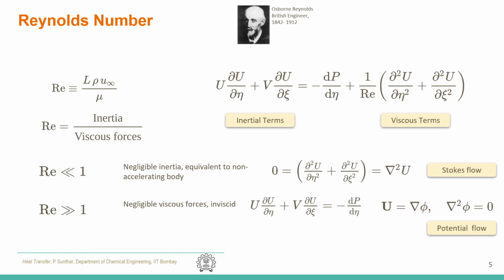By using these dimensionless numbers and the correlations, we can find the heat transfer coefficients or the mass transfer coefficients. So we will take a brief overview of the important dimensionless numbers in heat transfer or mass transfer. These are slides from Professor P. Sunt of the Department of Chemical Engineering.